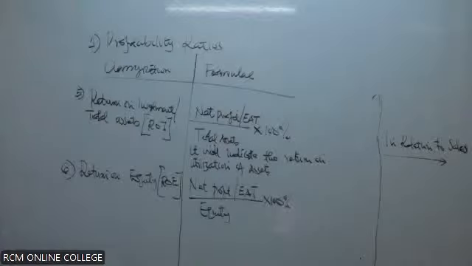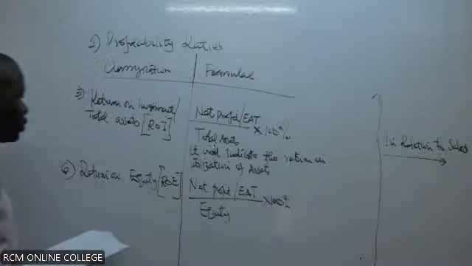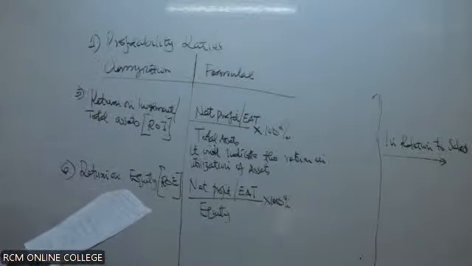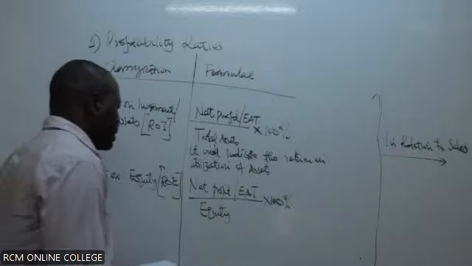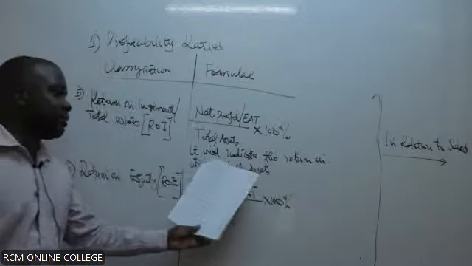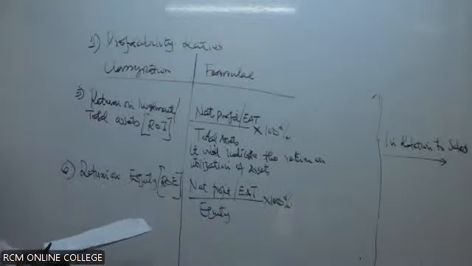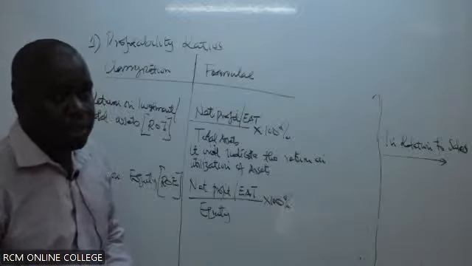So you'll be able to know what is the return you are getting on the equity you put into the company. It will indicate the return on utilization of shareholders' funds.